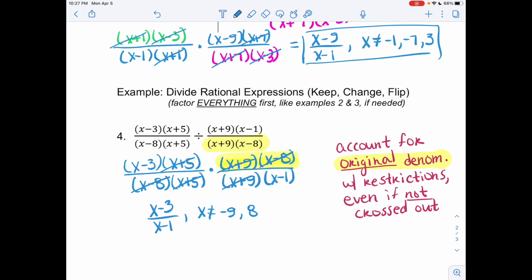And then finally, I have x plus 5 that was crossed out, so x cannot be a negative 5, or that term would be 0. So again, two of these were part of our original denominator, this negative 9 and 8.